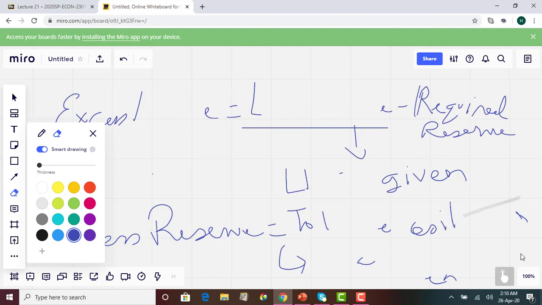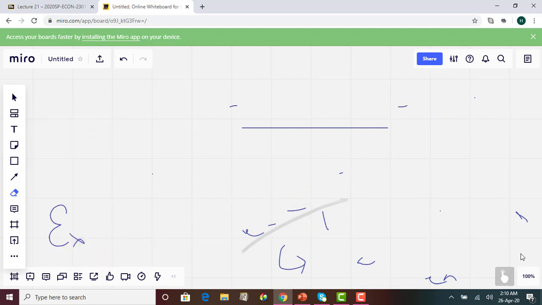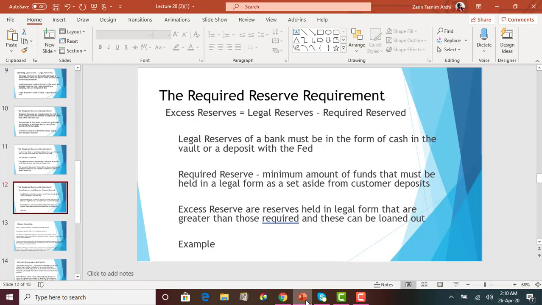Okay, so we will now move to the next. We will do an example of this to see if you understand what I'm trying to say. Make sure you understand the examples. But before I do an example, I just want to quickly remind you again, the legal reserve of a bank must be in the form of cash in the vault plus the deposit with the Fed.